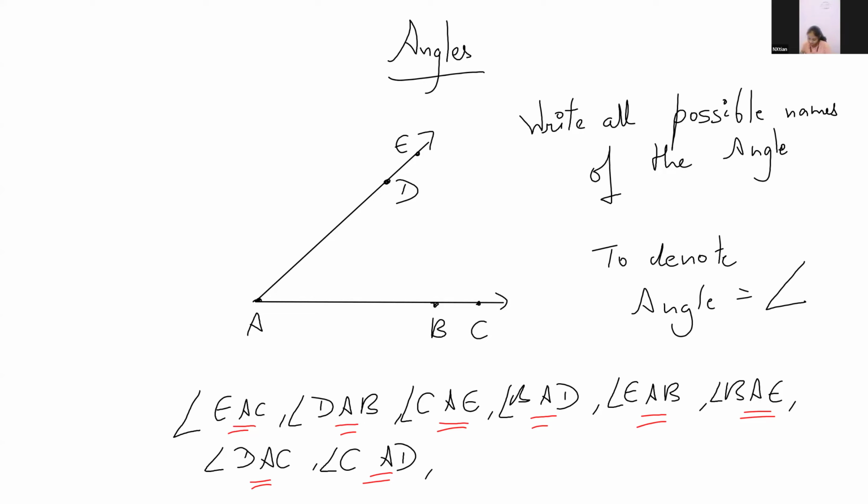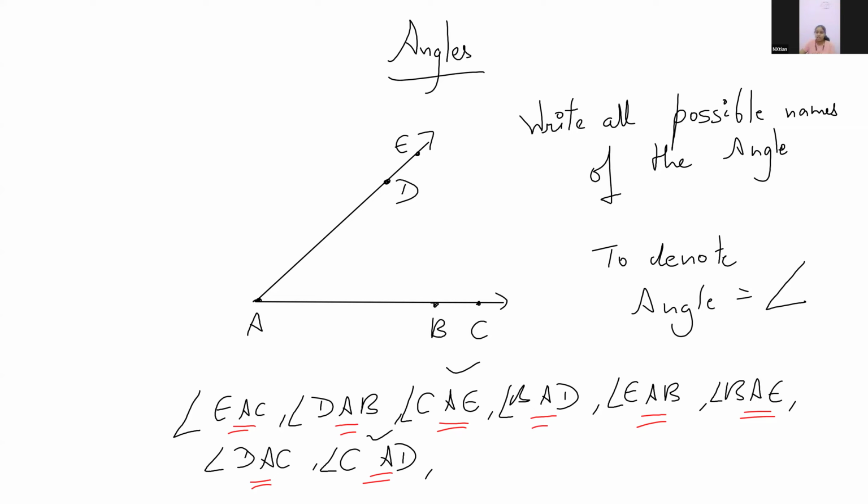CAE is there, yes. CAD. Is it there? CAD, yes, it's there. I think these are all the possible combinations. Ma'am, are these all the possible combinations? I think so, yes. 8 combinations are all the possible combinations.